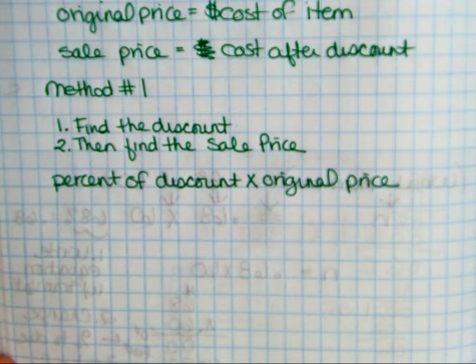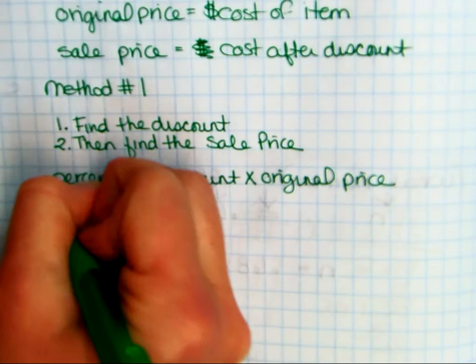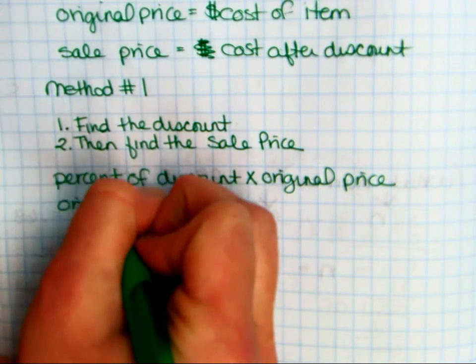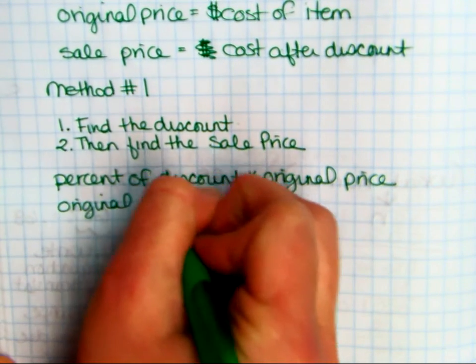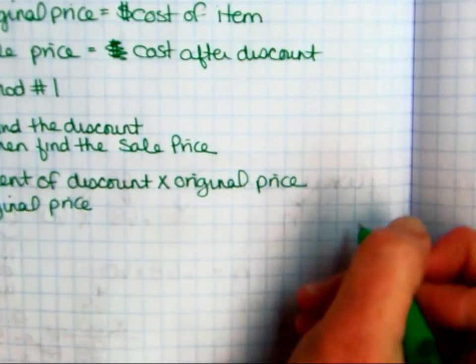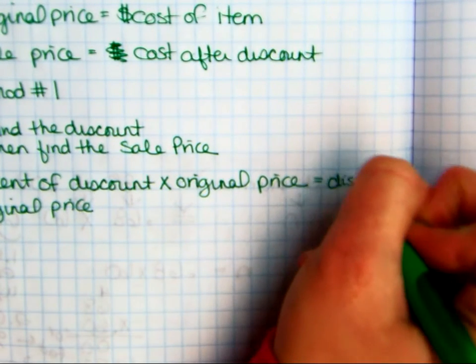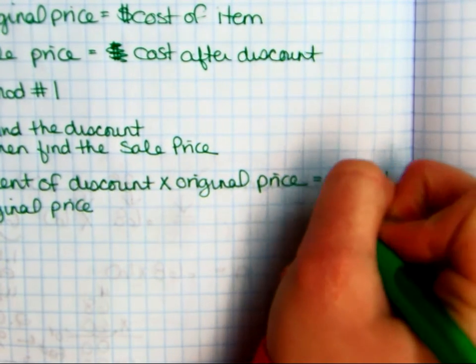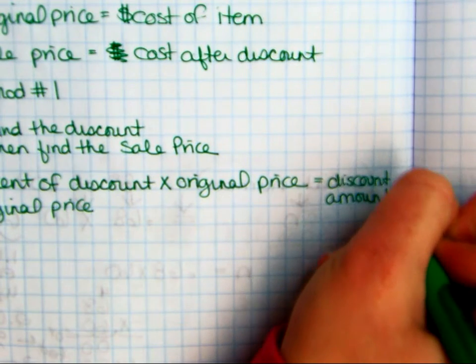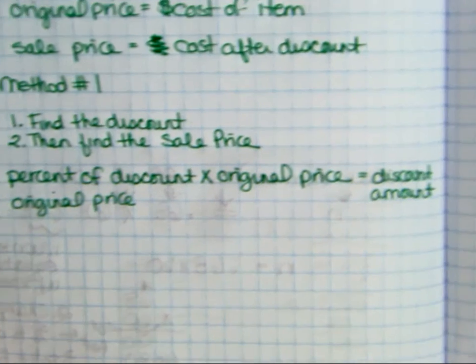And then once you figure that out, you would do original price. And by the way, this would equal what we would call the discount value, or the discount amount. It's how much in dollars you're going to get off of the original price.